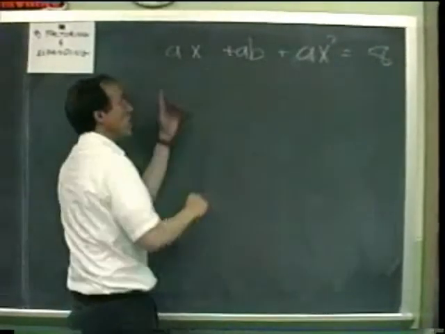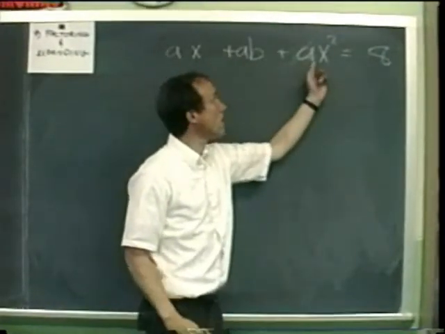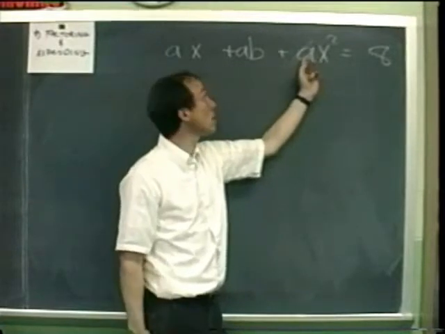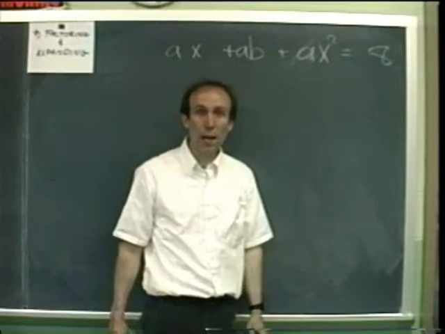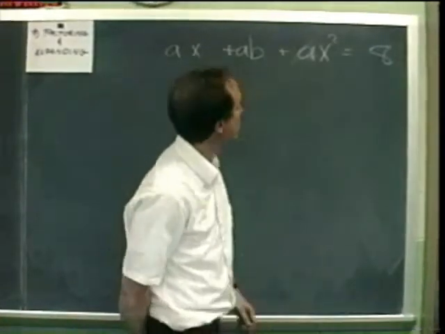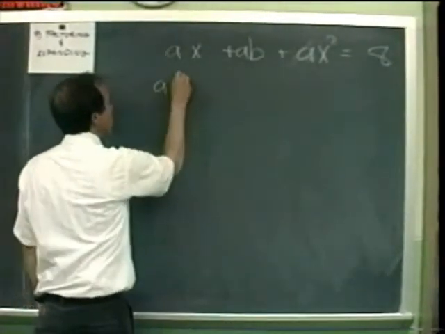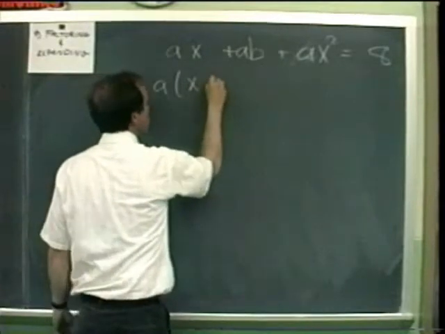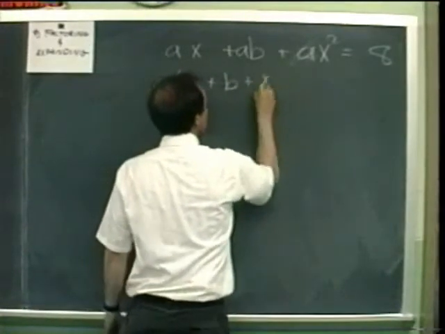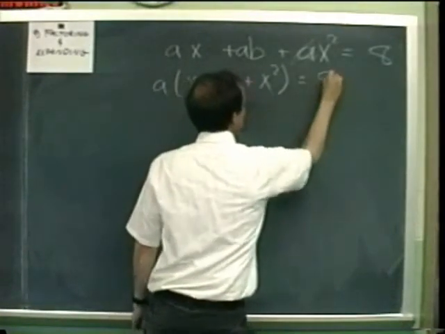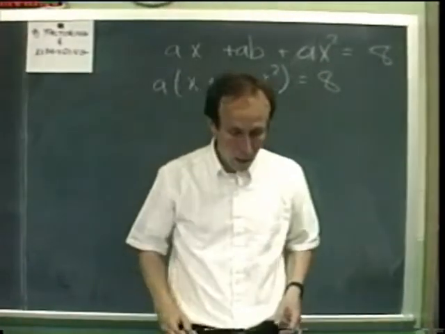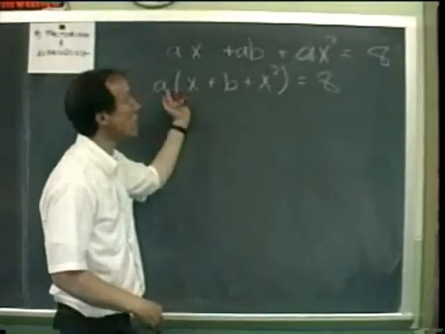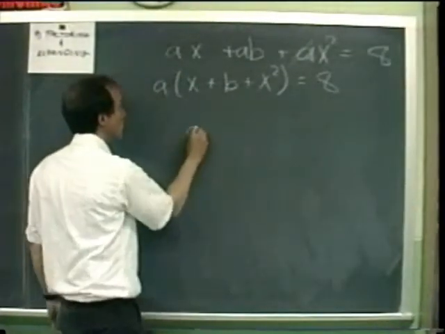When I have a situation where every single term has the same factor in it, like in this expression that I just made up, every term on the left-hand side has an a in it, and I can write that as a times (x plus b plus x squared) is equal to 8. That process is referred to as factoring out the a, and comes in handy, especially in situations where you're asked to solve for a.